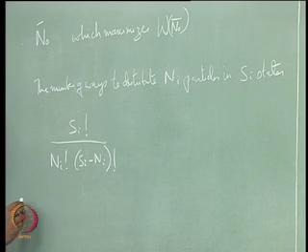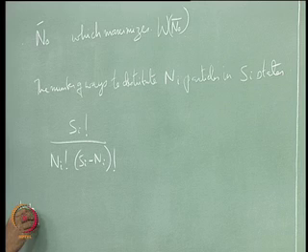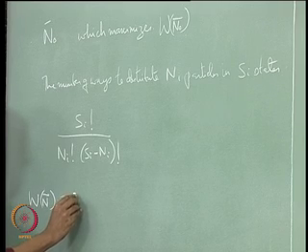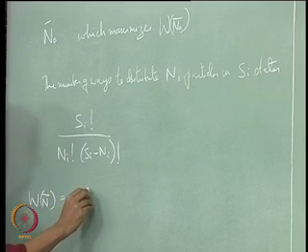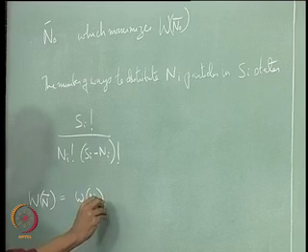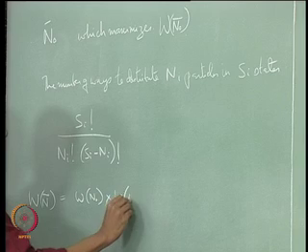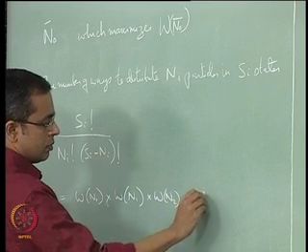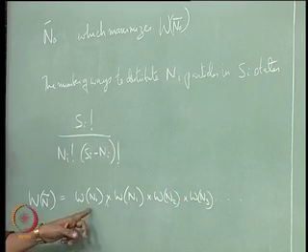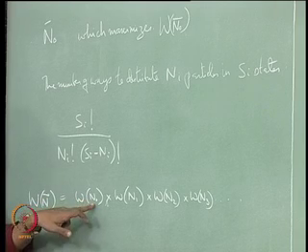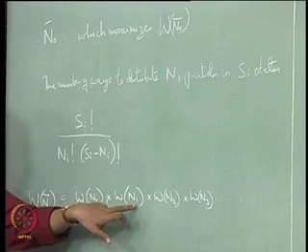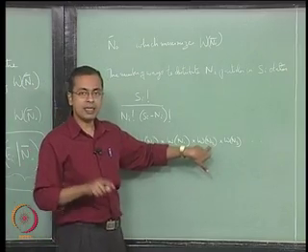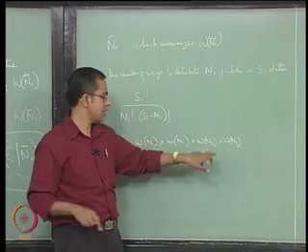So if you look at the number of ways in which you can attain a particular distribution n bar, it is the number of ways in which you can distribute n0 particles in S0 states at energy level E0, times the number of ways in which you can distribute n1 particles in S1 states at energy level E1, times n2 particles in energy level E2 in S2 states, and so on.